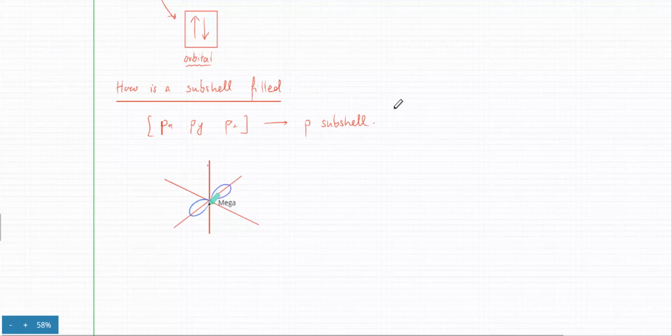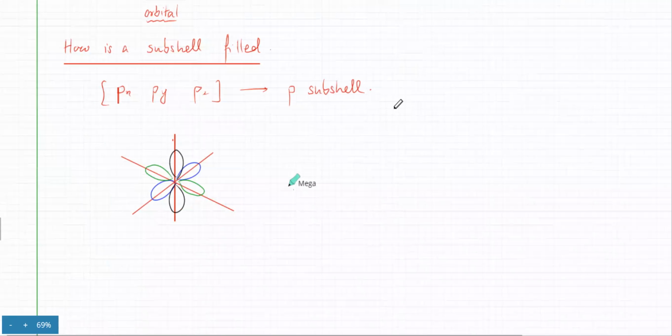An electron could exist in the px, it could exist in the py, or it could exist in the pz orbital. So that's a p subshell. If you're trying to fill the maximum number of electrons that could occupy this p subshell, that's 6 electrons. But how would the electrons be filled?